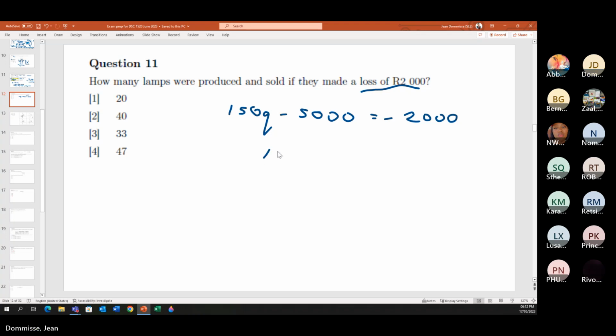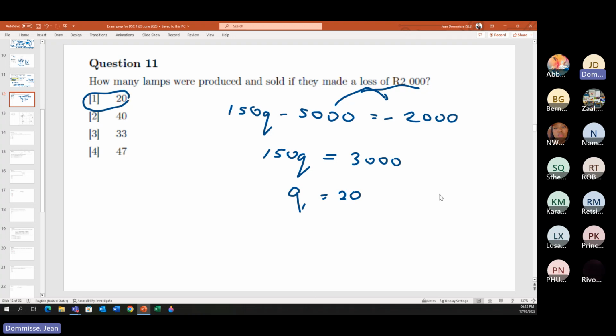So 150Q minus 5,000 equals minus 2,000. If the 5,000 goes over to that side, it becomes plus 5,000. 5,000 minus 2,000 is 3,000. If I then work out Q, 3,000 divided by 150 gives me 20, which is option 1.